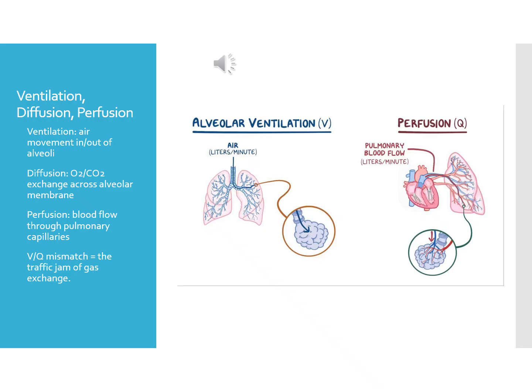This mismatch occurs when the ventilation and perfusion are not adequately matched. So sometimes we can have air not coming into the alveoli, but blood flow is normal. And then on the other hand, sometimes we can have air coming into the alveoli, but that blood flow is reduced or absent. So that would be a perfusion problem, vice versa, a ventilation problem.